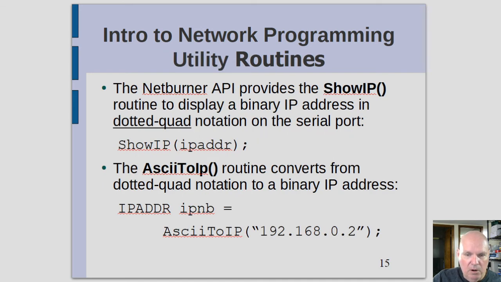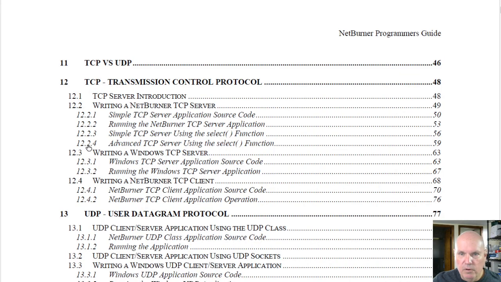Okay. There are a couple of utility routines available in NetBurner that are not part of the Sockets API. I mentioned on the very first slide, I think I showed a couple of references that are useful. This is the NetBurner programmer's guide.